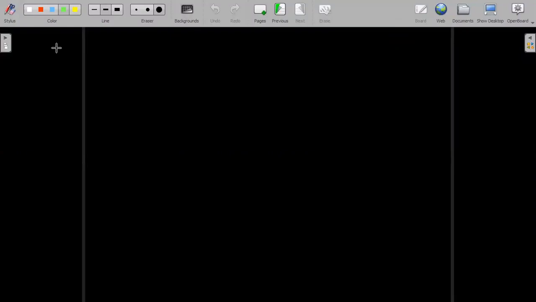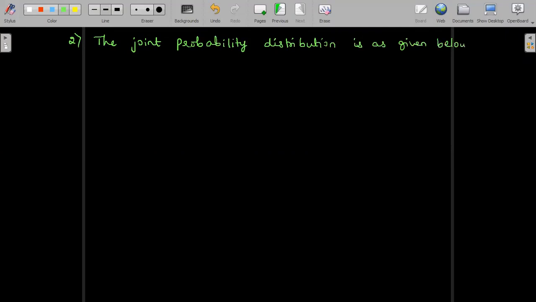We'll see the second problem now. The joint probability distribution is as given below. So first we will write the table for the joint probability distribution, which is given for us.